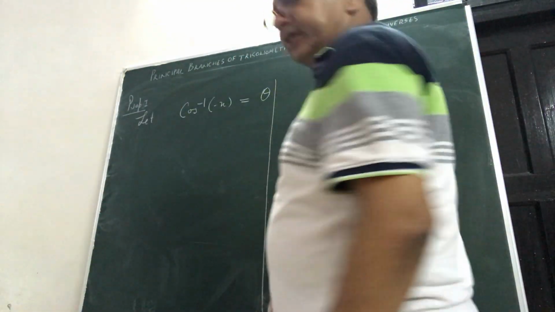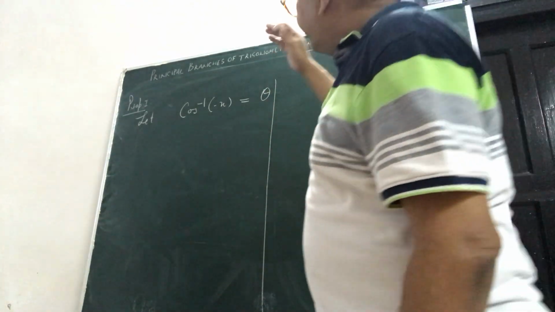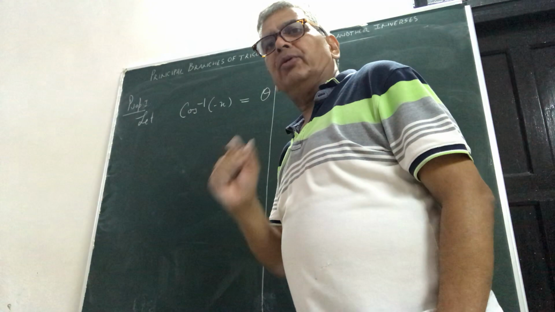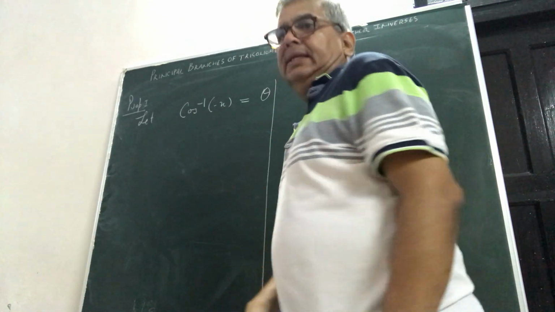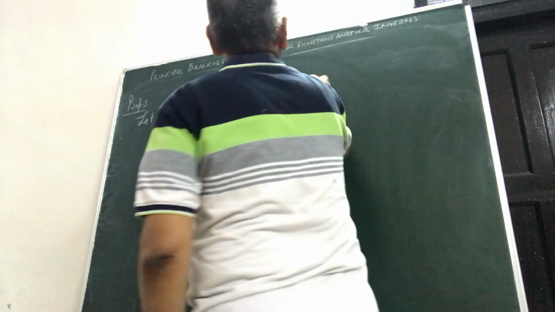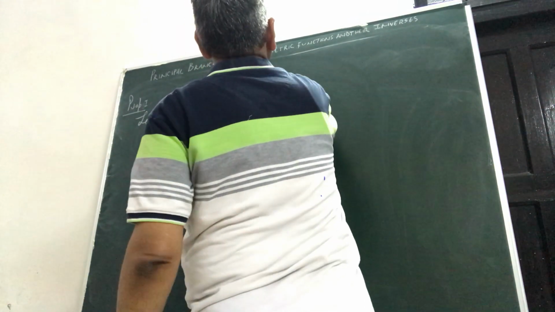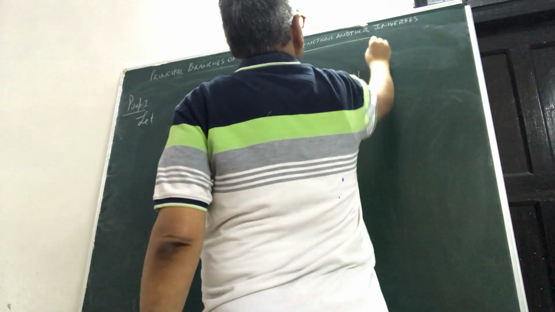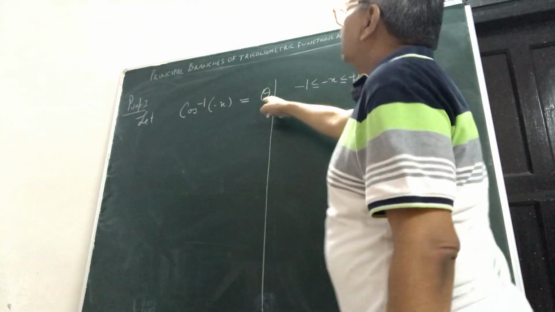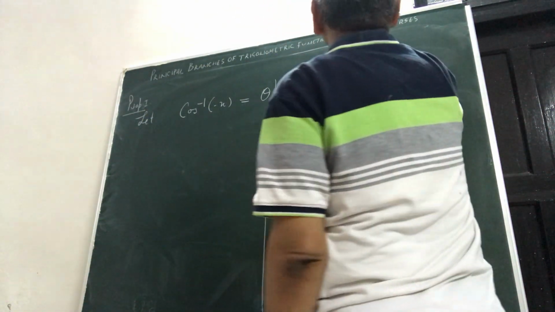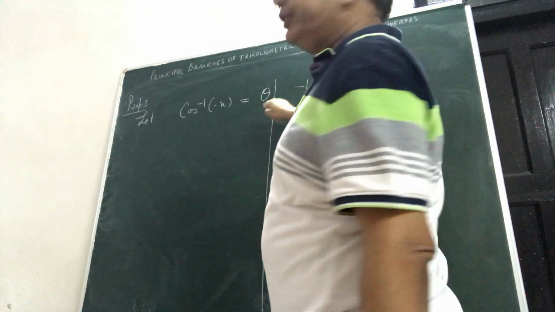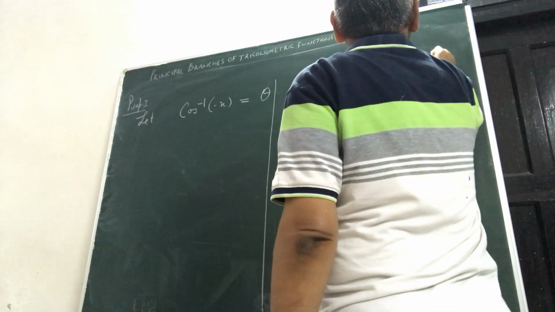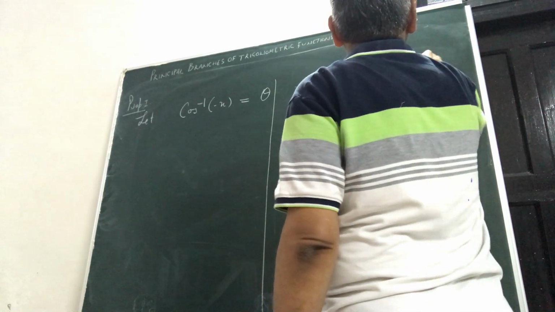So this is more important, and that is why I am saying that at every step you have to make sure that you are well within the domain and co-domain of principal branches. Whenever you are doing this, minus x will be confined between minus 1 and plus 1, and this theta will be from 0 to pi.